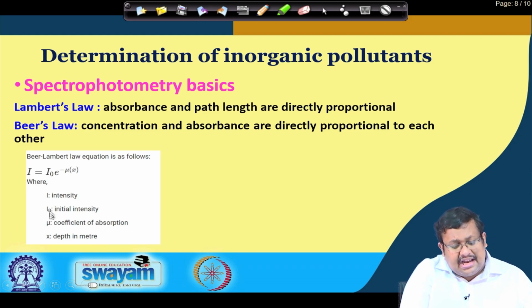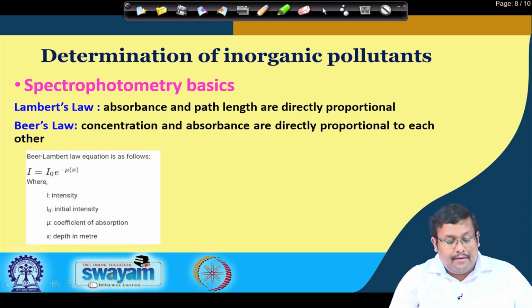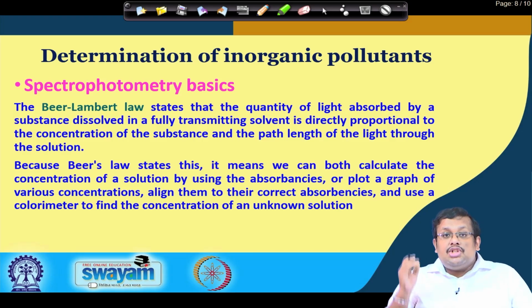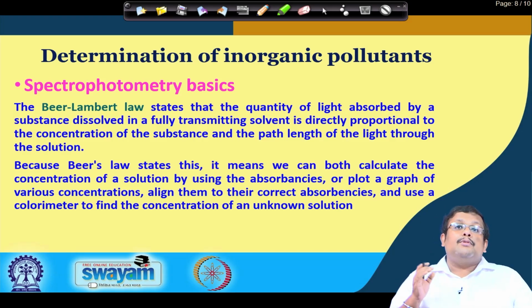Beer-Lambert's law can be expressed in this form also. The Beer-Lambert's law states that the quantity of light absorbed by a substance dissolved in a fully transmitting solvent is directly proportional to the concentration of the substance and the path length of the light through the solution, which we have discussed just now.